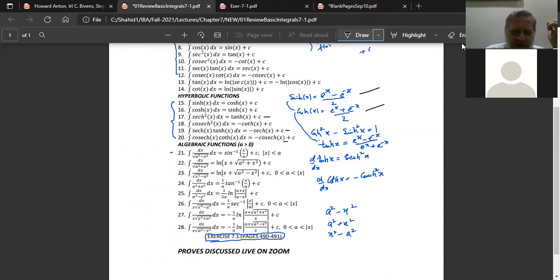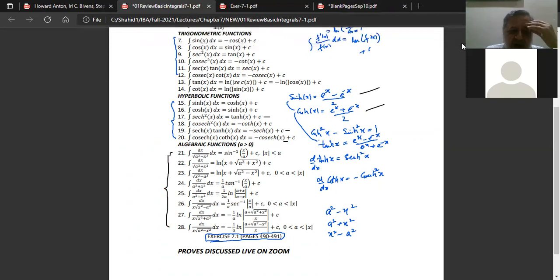Then there is a list of algebraic functions, irrational functions, whose integrals are obtained in this form. I will consider some of them, choosing to prove these antiderivatives. I'll choose myself.